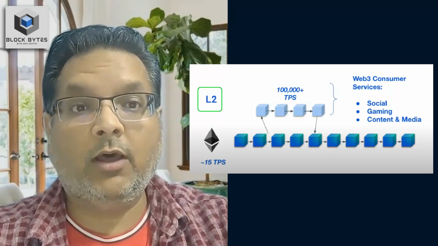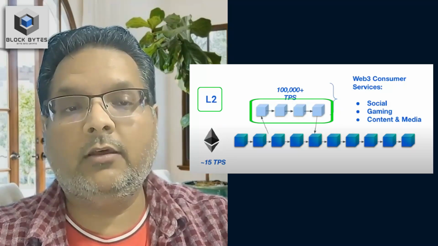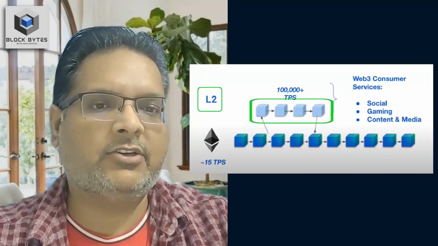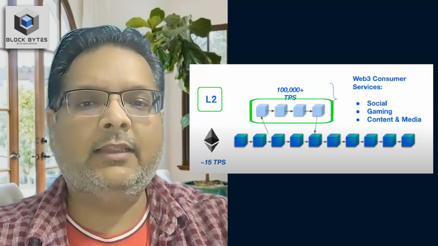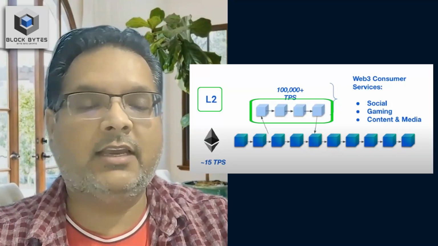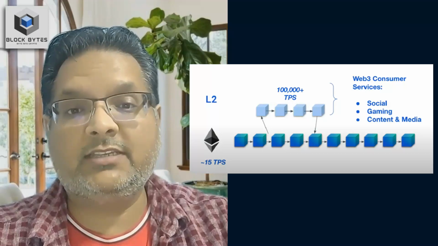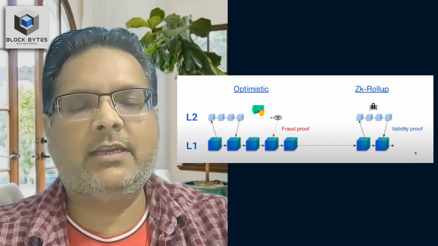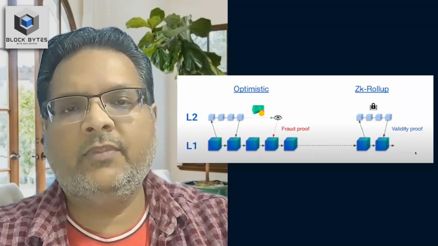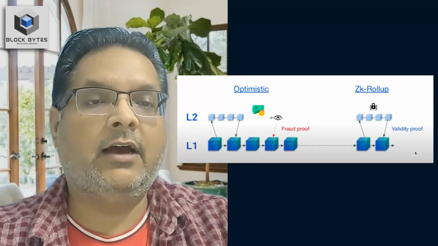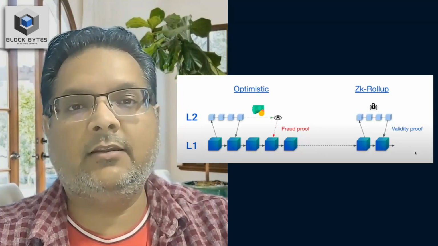Layer 2s roll up or bundle together hundreds of individual transactions into one, and then send that one transaction to Ethereum, decreasing the transaction processing load from Ethereum. Two types of rollups exist today, optimistic and zero knowledge, and the difference lies in how these bundles are sent to Ethereum.